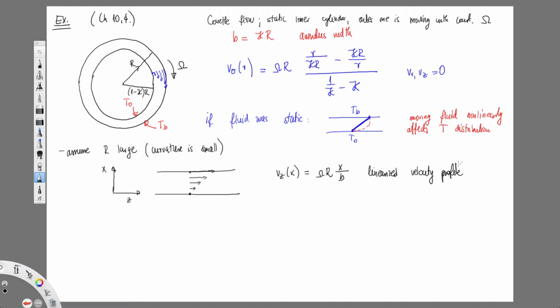Okay, so if I imagine a little element in this system, this is my x plus delta x, z plus delta z. I have to collect everything that is coming into this element through the boundaries.